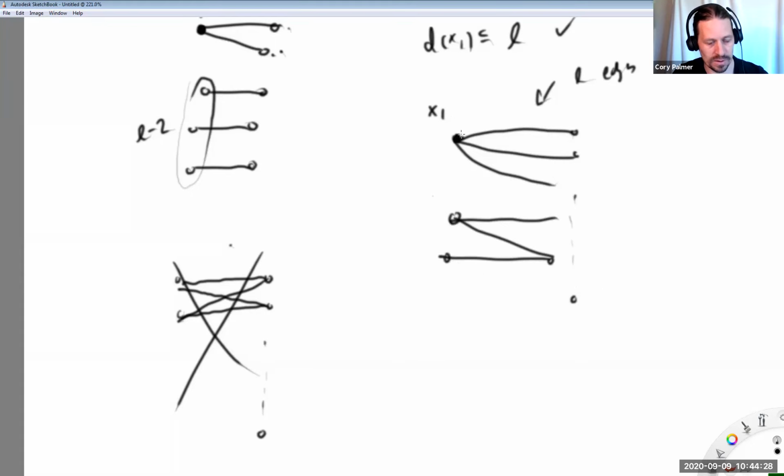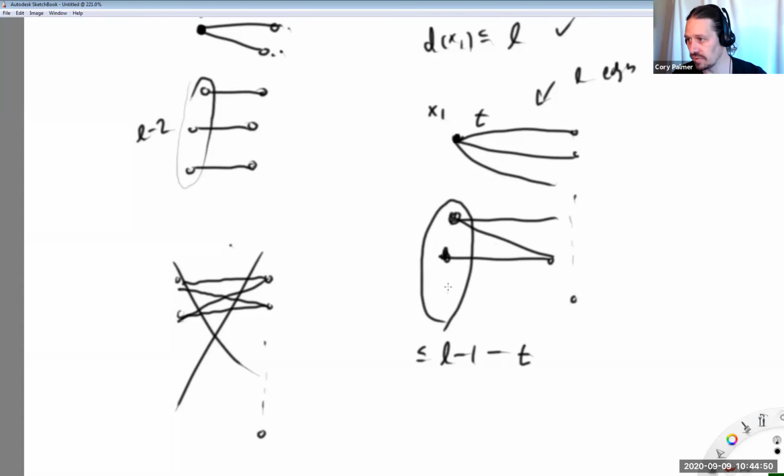Say x1 has T edges coming out here. Then the number of other xi's here is at most L minus 1 minus T. Because down here, there's L minus T other edges, and those expose at most L minus 1 minus T other vertices here.